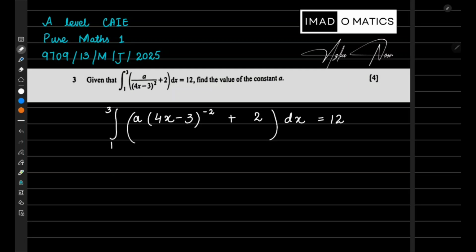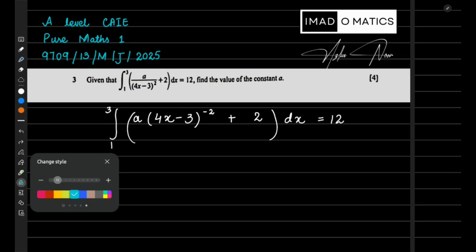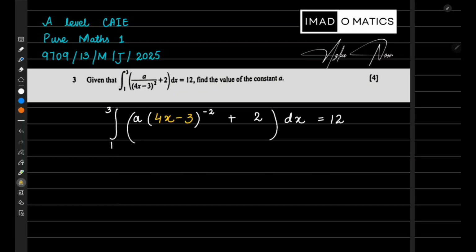So now, integrated. One more thing. We cannot integrate any expression unless we have the derivative of it multiplied with it. So the derivative of the expression 4x minus 3 is 4. So we are supposed to multiply and divide by 4 so that we have the 4 multiplied with this expression, so that we can integrate it.